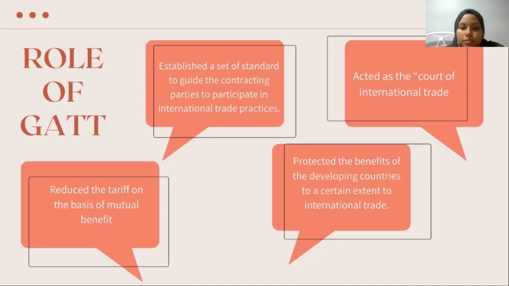The third is to protect the benefits of developing countries to a certain extent in international trade. The last is to act as the court of international trade, providing a platform for contracting parties to negotiate and settle disputes in international trade, which could not be solved by the parties themselves.